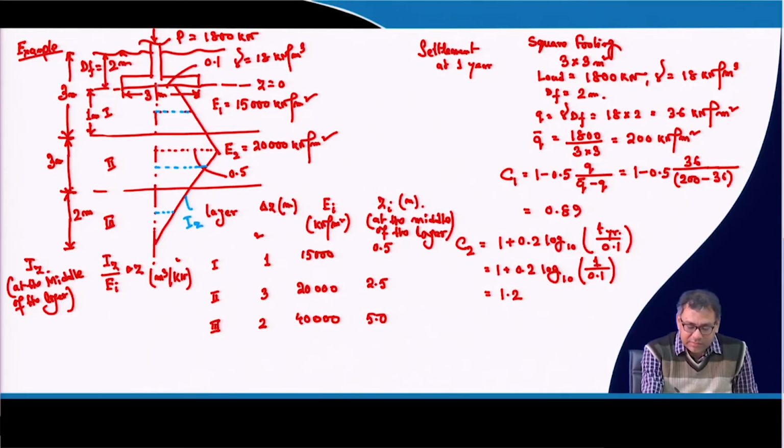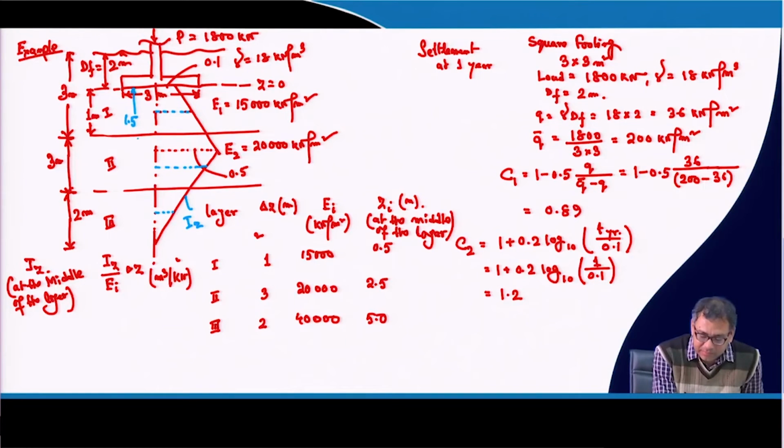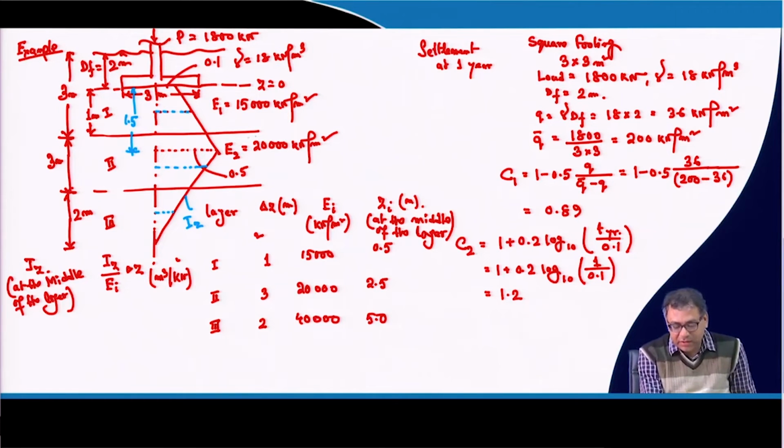I know that at z equal to 0, Iz is equal to 0.1, and at this distance, which is 1.5, that is b by 2, Iz is equal to 0.5. So I know the values at 0 and at 1.5, then I can linearly interpolate and get the value of Iz at 0.5.